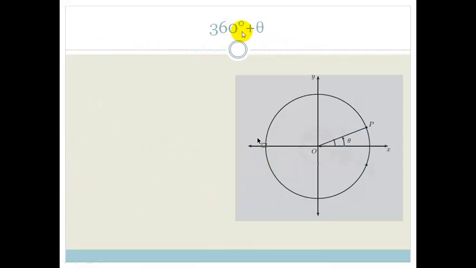Right, now let's look at 360 plus theta. 360 plus theta is actually really easy, and I'll tell you why. Do you agree that there is theta, right? Now, if I go from the x-axis all the way around, back to here, do you agree that that was 360 degrees? Let me just change color so you can really see what I'm talking about.